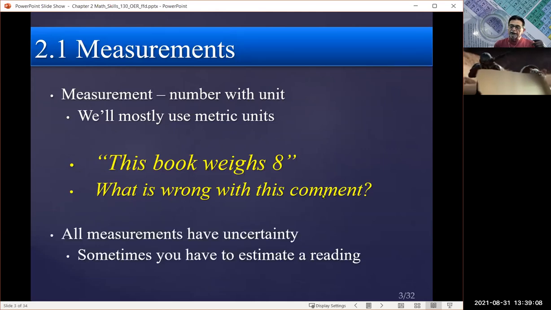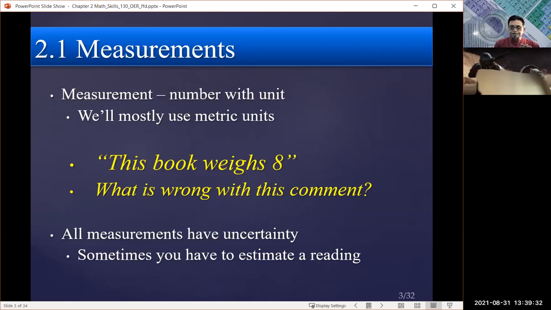Okay, the other aspect is that every measurement has a degree of uncertainty. There's nothing out there that is 100% accurate in your measurement. Anything you weigh, there is a degree of uncertainty in that last number. If you measure the length, again, there's a degree of uncertainty.